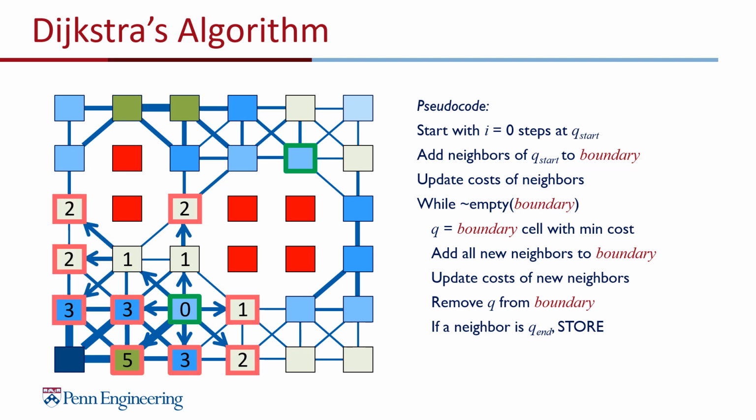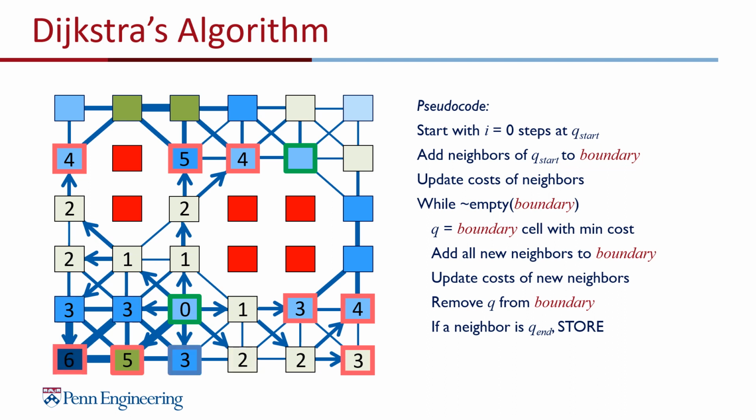We add its neighbors, update their costs. Go to the next node, find its neighbors, update their costs, and so on. And now we finally reach the case where the neighbor of our current node is the goal. So we're going to store that path.